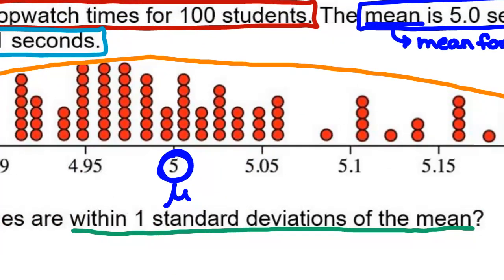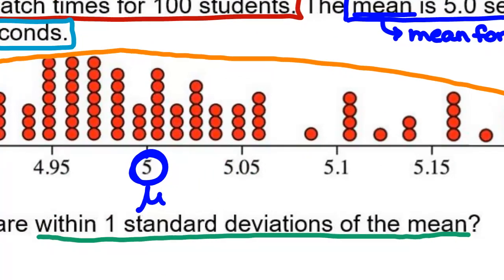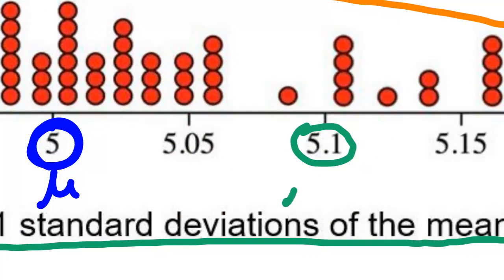How far above would I need to go to catch one standard deviation? What was our standard deviation again? 0.1. So the mean 5 plus 0.1. This is my mean plus 1 standard deviation.